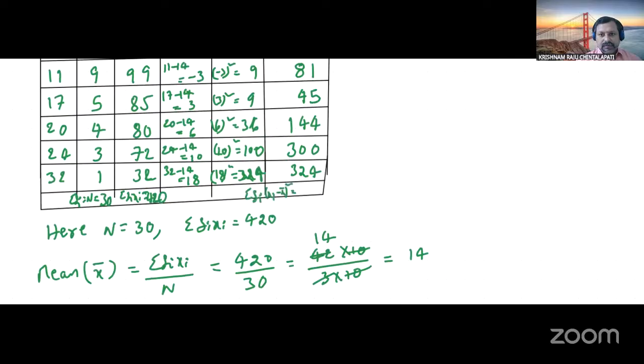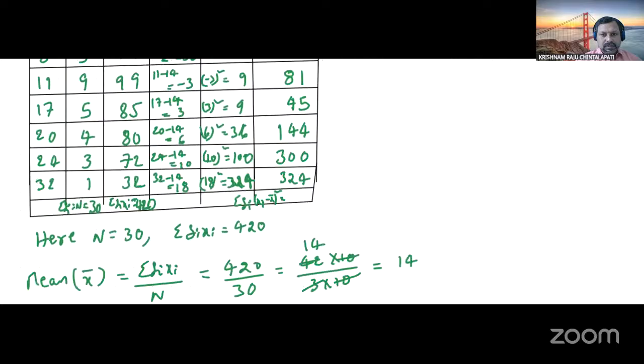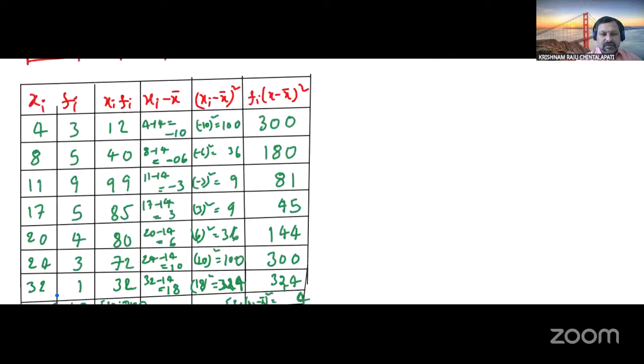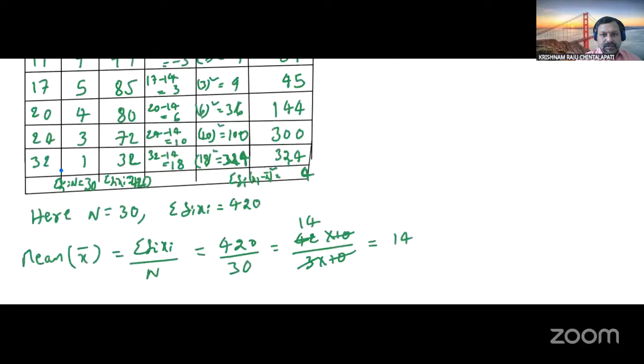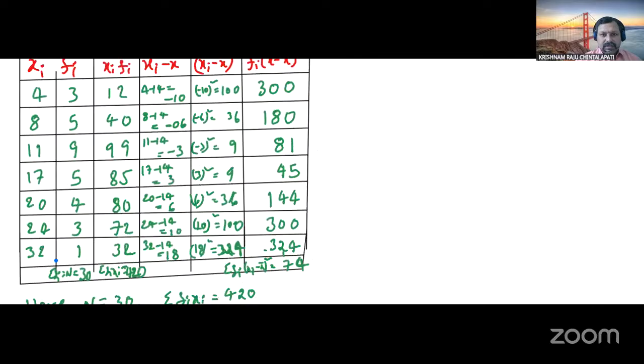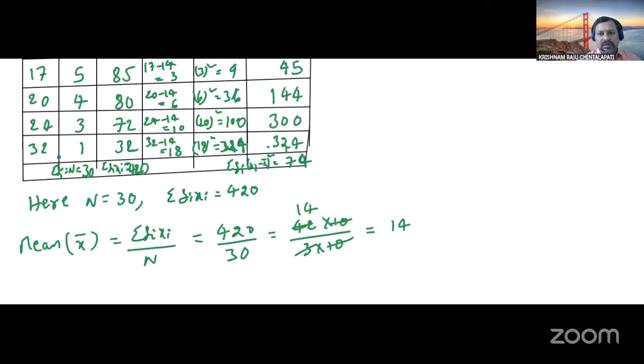Adding them, the final result here is 1374. Summation Fi times xi minus X bar whole square is 1374.